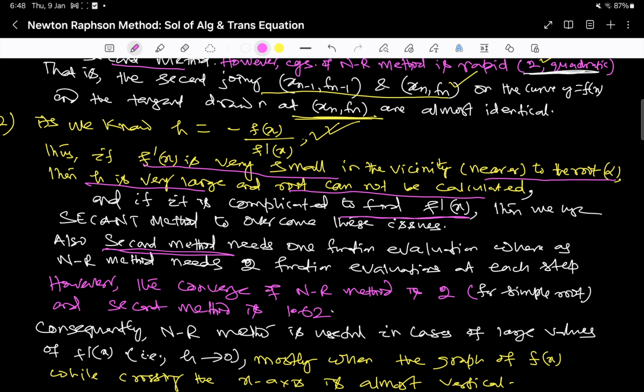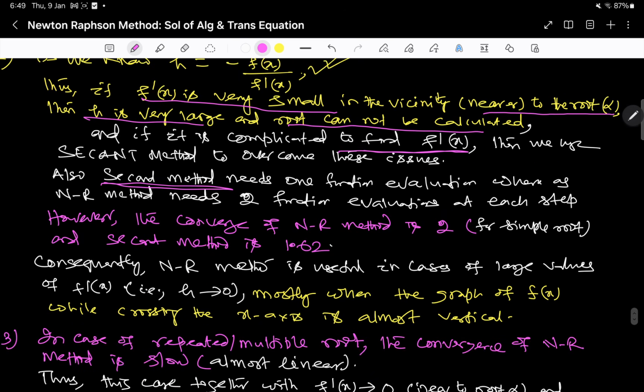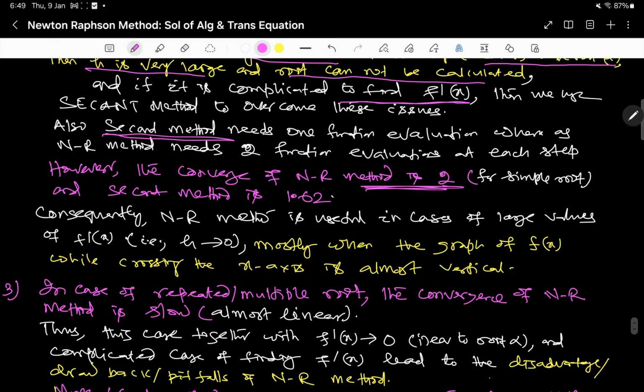If the derivative is complicated, or the denominator almost tends to 0, then we use the secant method. However, the NR method is more rapid, clear? Consequently, if the NR method is applicable, then fine, we should apply it. Consequently, the NR method is useful in cases of large values of f dash x.